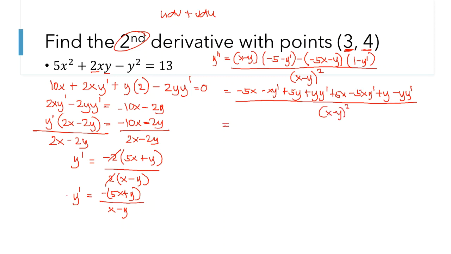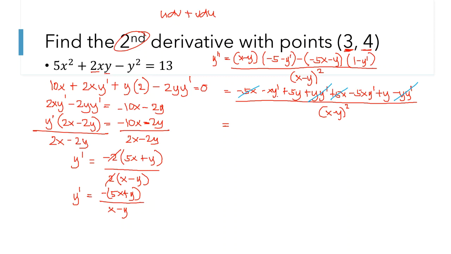So let's see if we can cancel some terms. So negative 5x and positive 5x cancelled. Positive y prime and negative y prime will be cancelled. And then we can combine some terms.